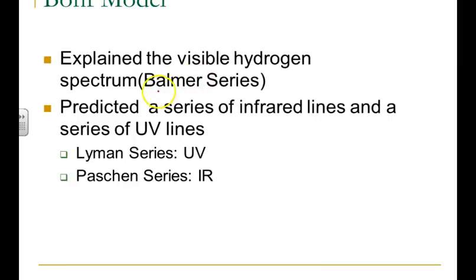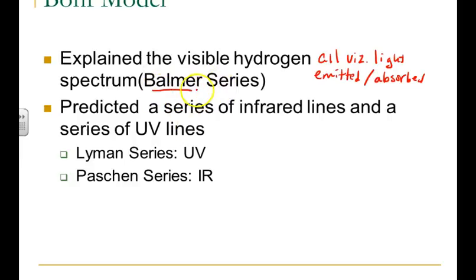Okay, the visible spectrum was first seen by Johann Balmer, and this visible spectrum means all visible light emitted or absorbed. Okay?